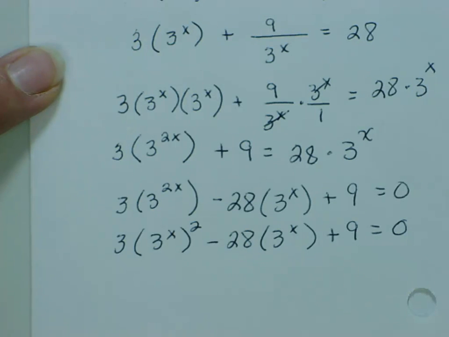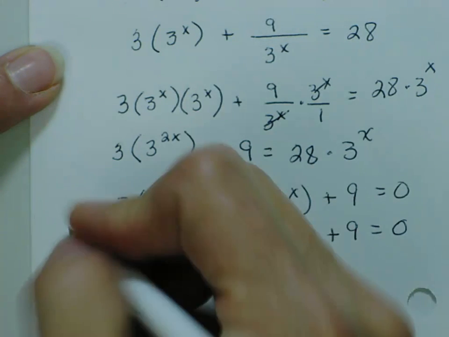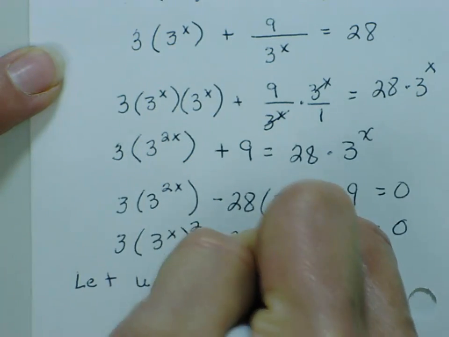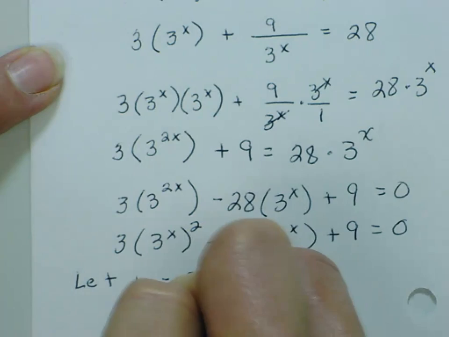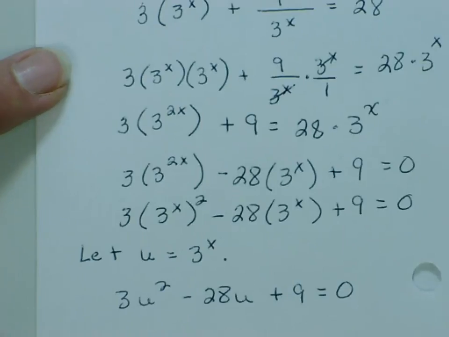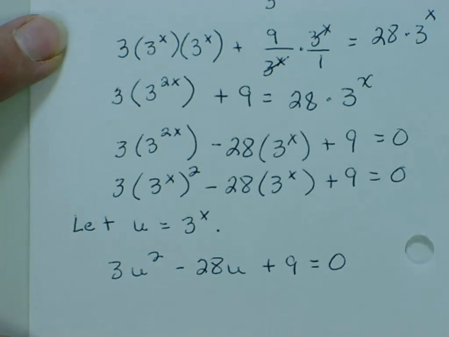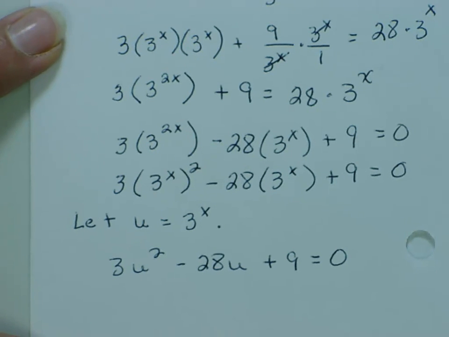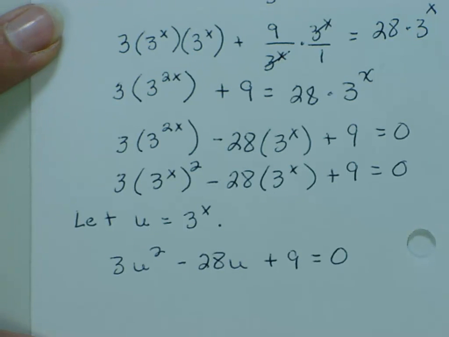Just let 3 to the x be u for ugly and see if we could solve it then. Any questions so far?